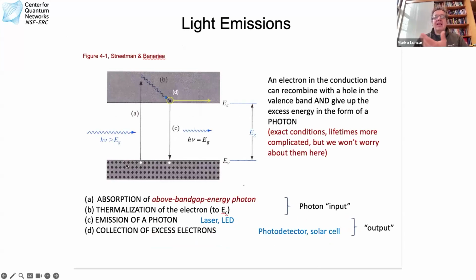But basically, to generate light, to generate these strong optical beams, which are important for quantum as well, and definitely for classical, you typically use these days semiconductor-based light emitting devices like LEDs or semiconductor-based lasers. The way they work, essentially, first you excite some free carriers from the valence band.